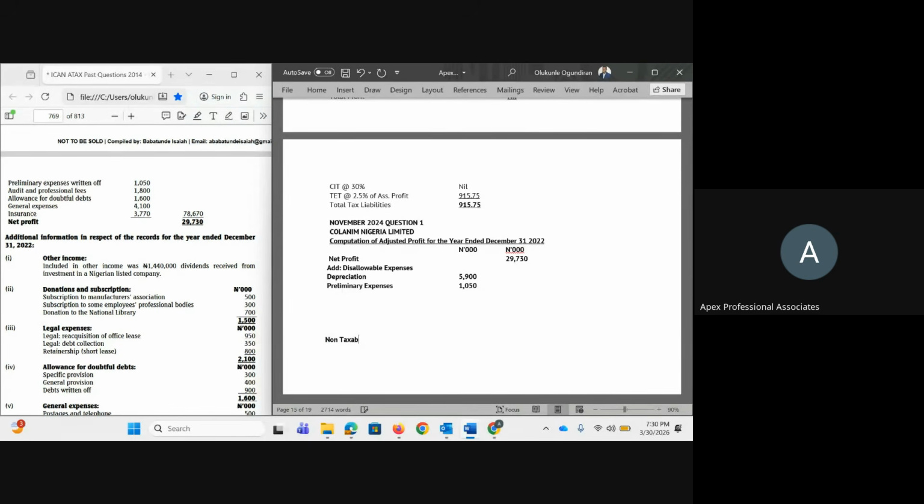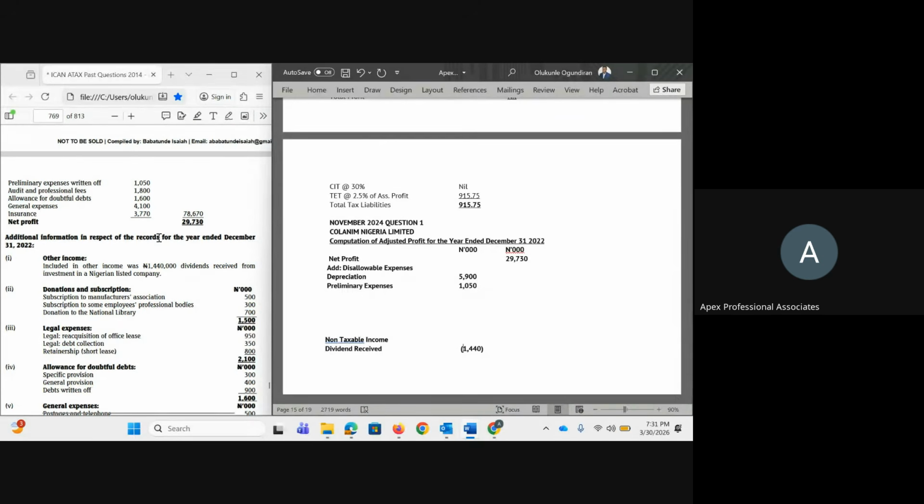Dividend. How much is this? Sir, I want to ask, why is the 1 million preliminary expenses disallowed?